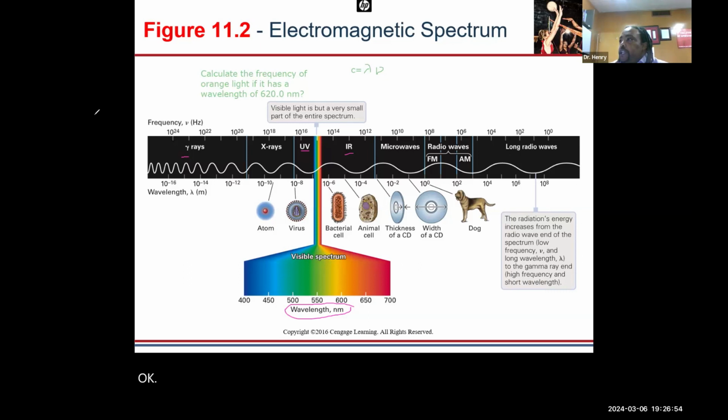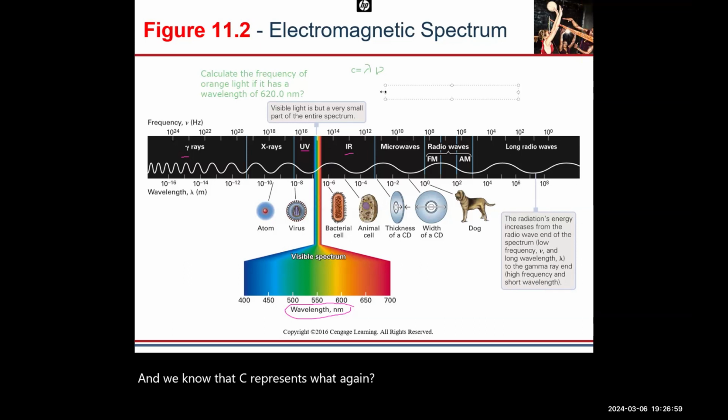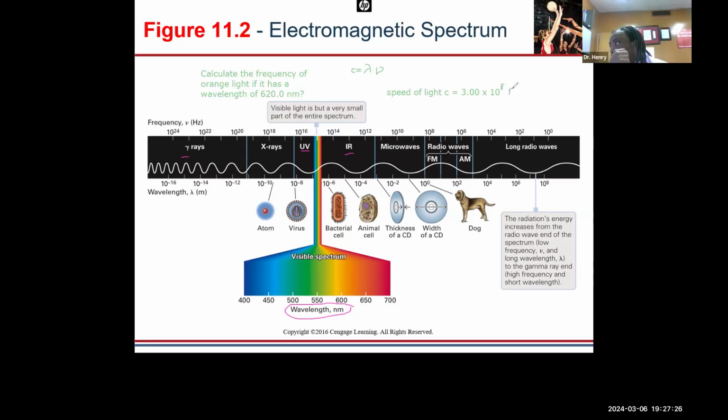And we know that c represents what again? Speed of light. That's meters per second.